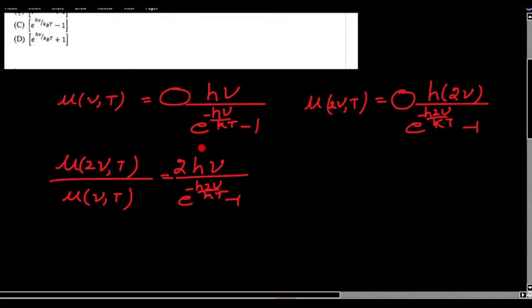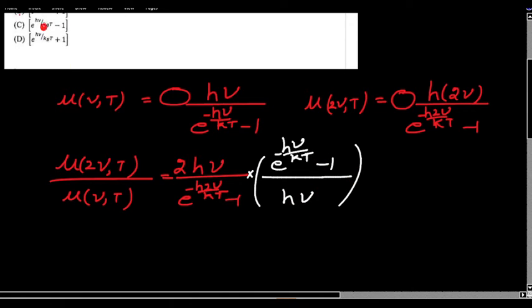The other term is going to be the reciprocal, so we simply take the reciprocal, and we will get e to the power h mu by kT minus 1 divided by h mu. That's it.